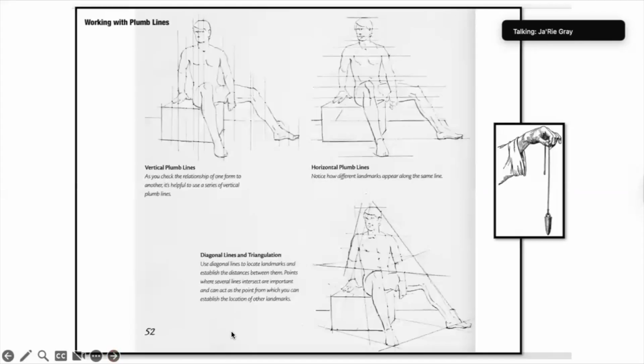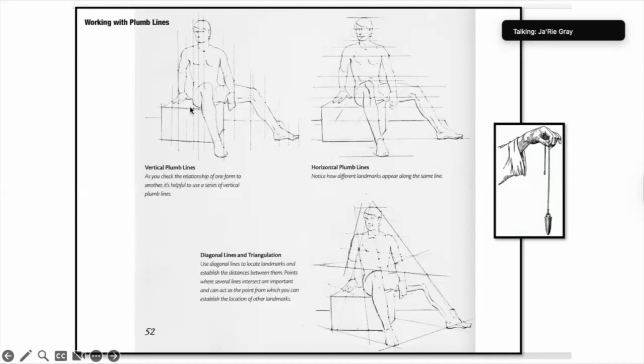Another thing that helps us with sighting and measuring is plumb and level lines. Plumb lines are pretty much vertical lines, level lines are pretty much horizontal lines. You can also use diagonal lines, just to make sure things are lining up how they're supposed to. So what I mean by that is that if we take a plumb line from, let's say this figure is here, you can see that it connects to the trapezius muscles of the shoulder, connects to his pectoral muscles or nipples, the side of the actual hip.